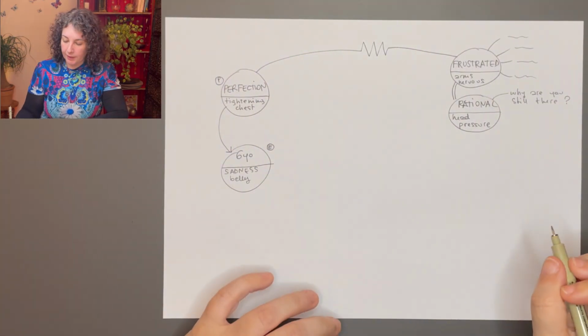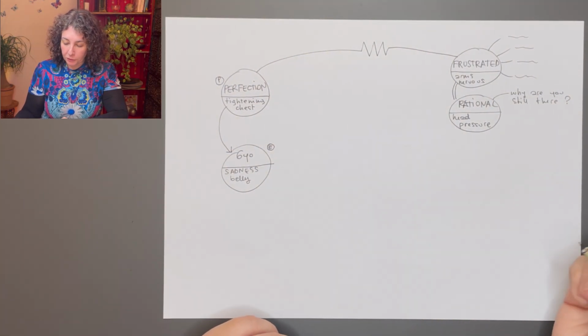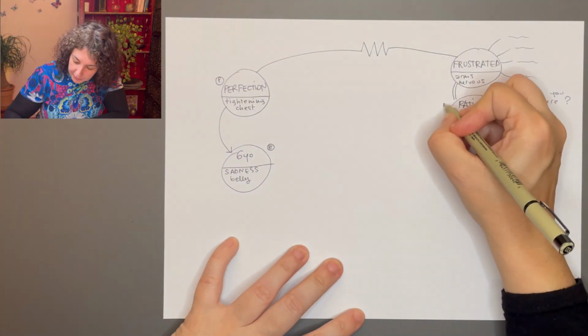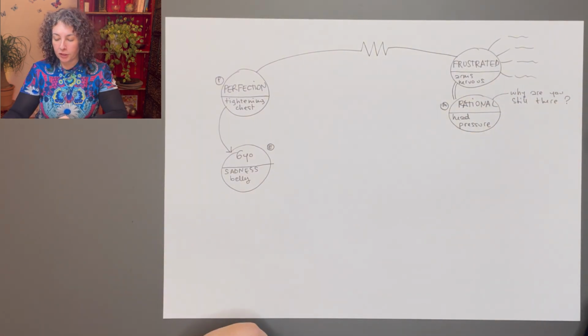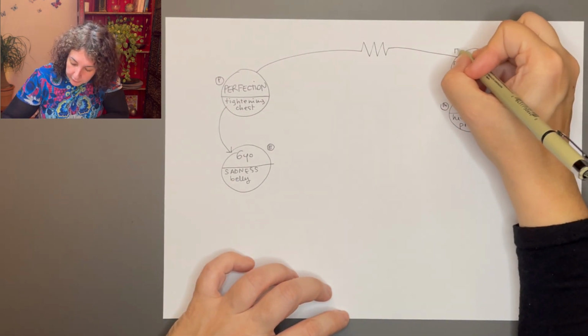And so it's not always so straightforward to see whether a part is a manager or a firefighter. So you might want to just identify these parts as protectors, or you might want to identify them as managers or as firefighters.